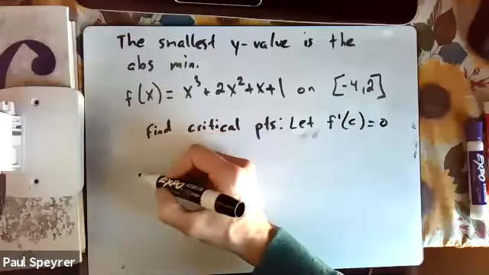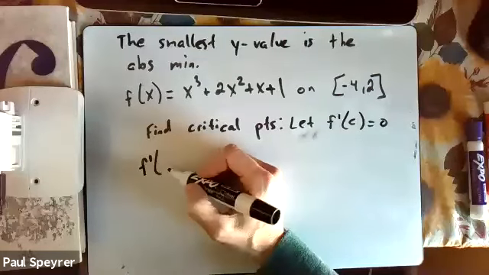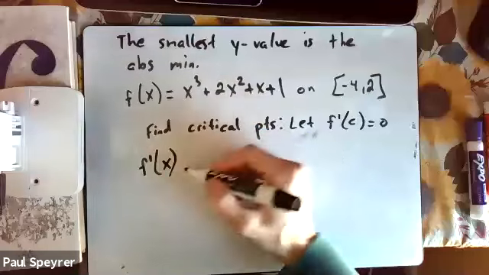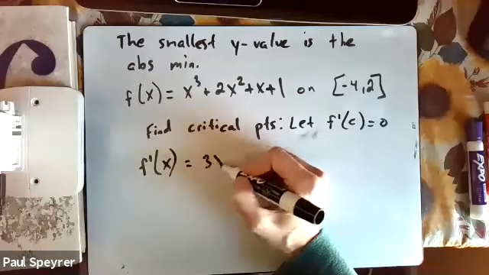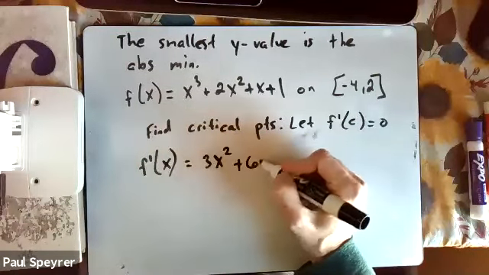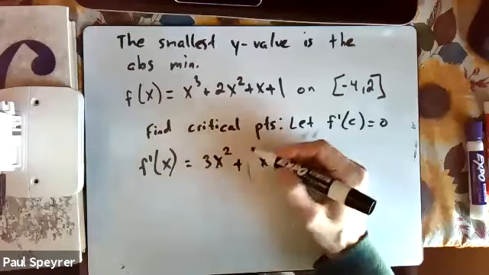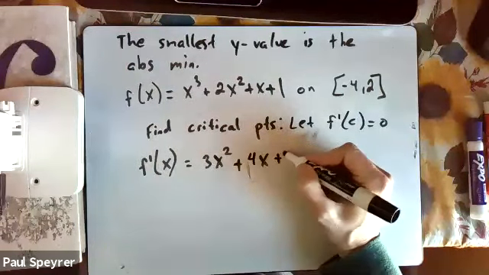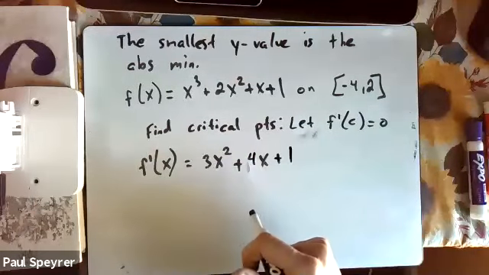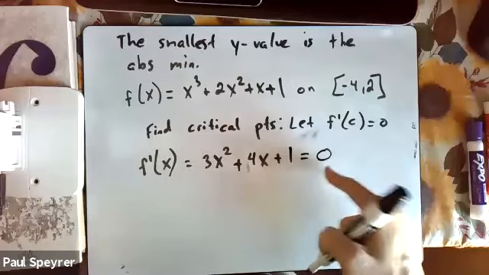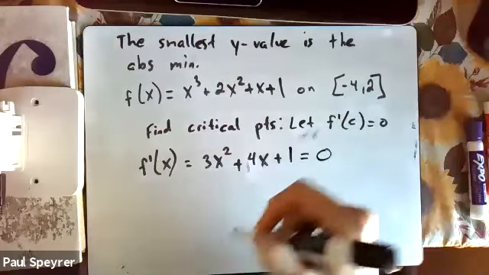So what we need to do is find the derivative of this function right here. So that's 3x squared plus 6x, plus 4x plus 1. Okay. And then we need to set this to 0, and we need to solve this for x.